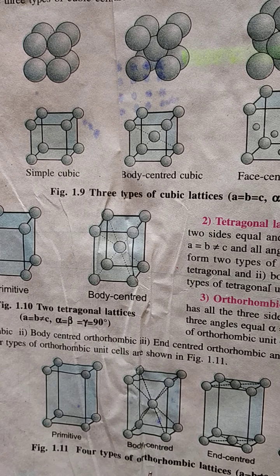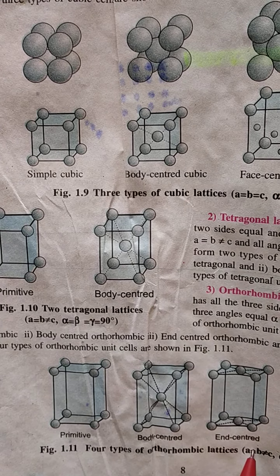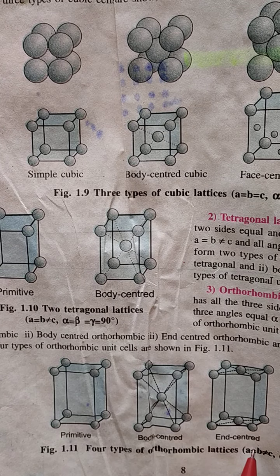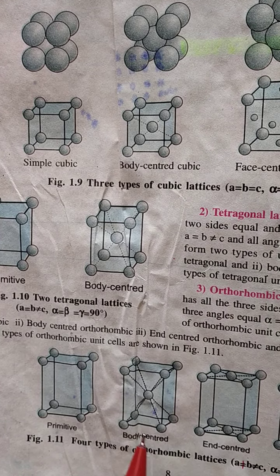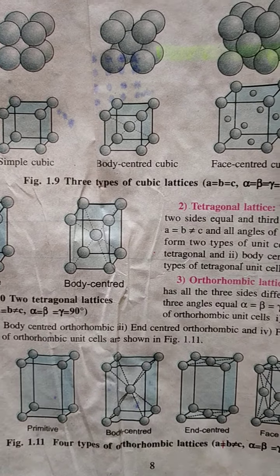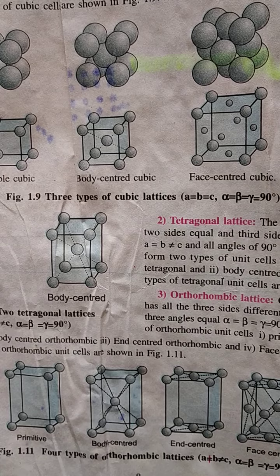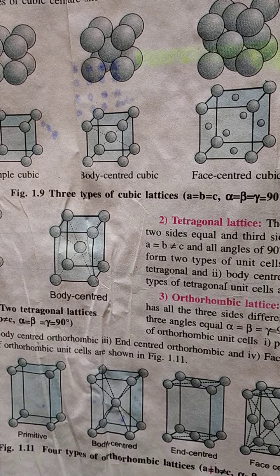A is not equal to B, B is not equal to C. Actually, in case of orthorhombic, all sides are not equal, and bond angle alpha is equal to beta is equal to gamma is equal to 90 degree. In this case, there are 4 types of orthorhombic unit cell.